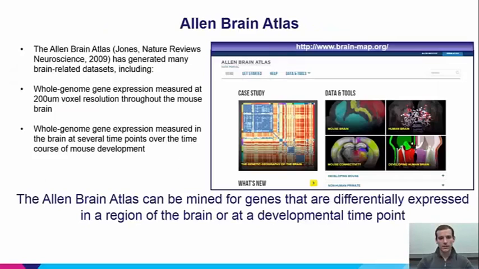The next resource is called the Allen Brain Atlas. You can access this resource through the website shown on the right. The Allen Brain Atlas hosts a number of brain-related data sets, including detailed anatomical maps of the mouse brain and connectivity maps where projections of neurons are mapped throughout the brain.